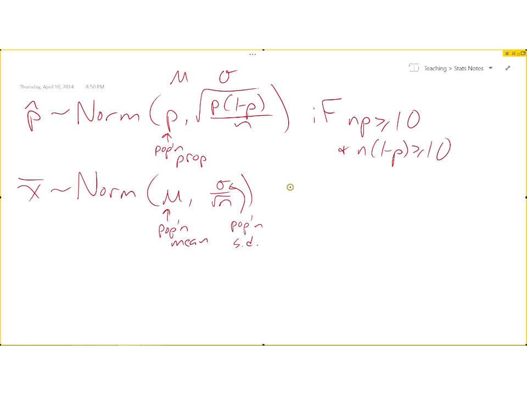But it always has that mean and standard deviation. When it's normal is if the population is normal, or the sample size, that's n, is, in quotation marks, large.